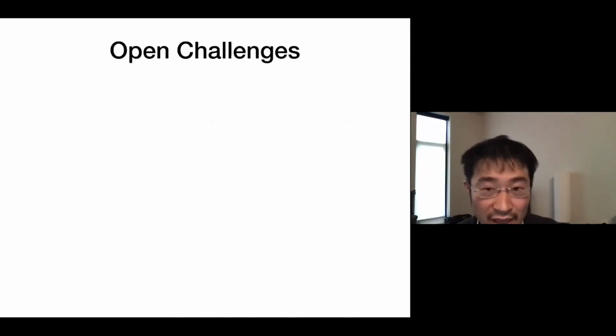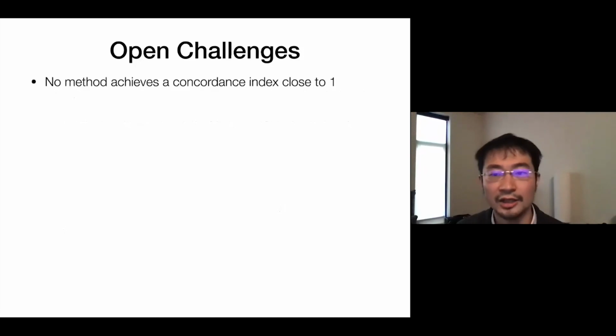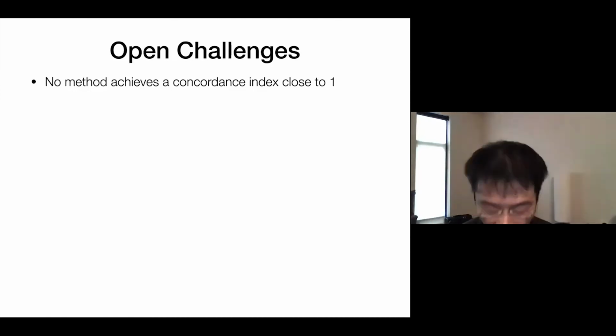All right, I'll just end by saying some open problems. One thing I'll say is that for the numerical experiments, for the first error metric I looked at, concordance index, I said it's like area under the curve. If you remember from the results, actually no method, none of the baselines, not neural kernel survival analysis either, achieves a concordance index anywhere close to 1.